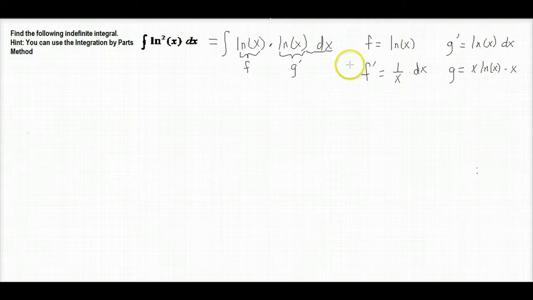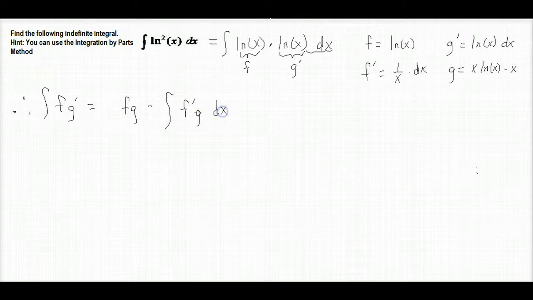So we know once again that we need to do the integral of f g prime, and that's going to equal f times g. Sorry, not the integral, we've already taken that, so I don't have to say that again. So it'll just be f times g minus the integral of f prime g.